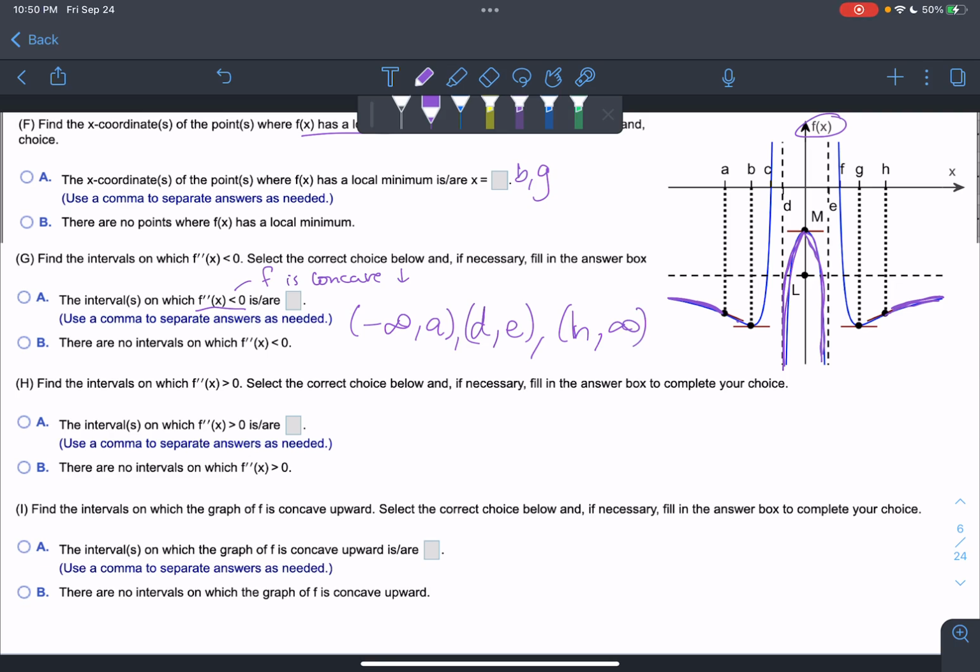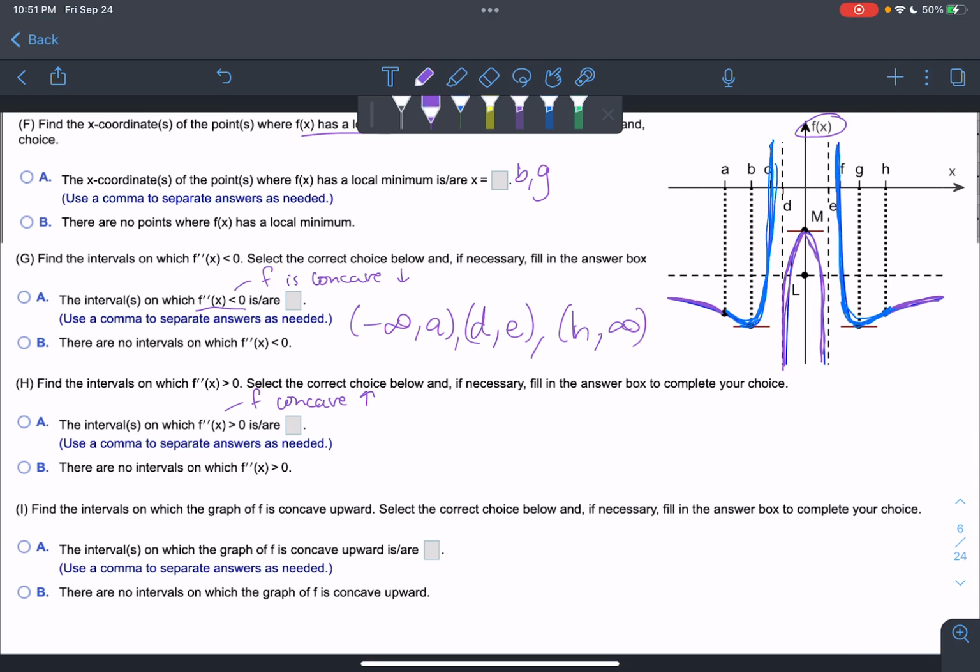And so now f double prime is positive when f is concave up or down? Up, right? And so these are the intervals that we basically did not name, right? Where we're concave up from here. And then also here to H, remember, because this is all like a right side up bowl.